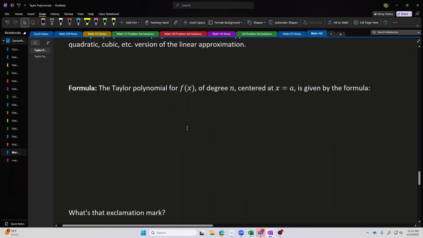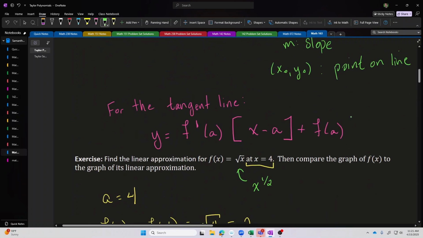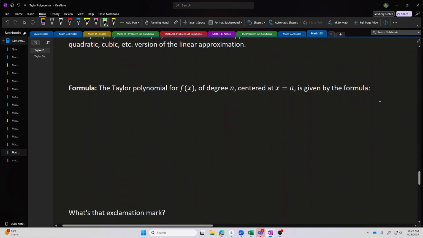The formula for the Taylor polynomial approximation for a function is a very natural extension of the formula for the linear approximation. In the linear approximation, we had the output of the original function, and then combined with that, we had the output of the first derivative times x minus a to the first power. Now, if you want to do the Taylor polynomial, you extend that pattern.